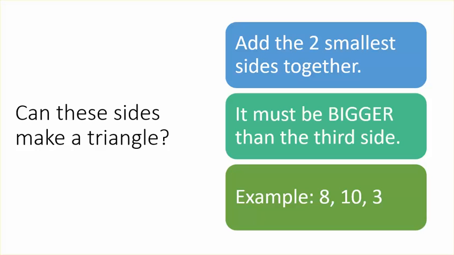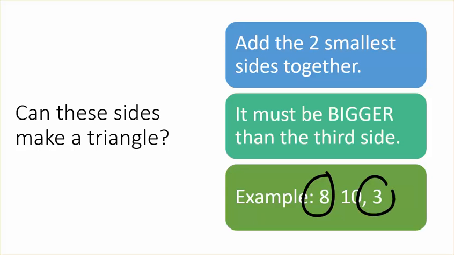So if you're given some numbers and you want to figure out if those sides can make a triangle, you're going to add the two smallest sides together. It must be bigger than the third side. So for example, what if I have lengths 8, 10, and 3? Can we make a triangle? We need to look at the two smallest sides.